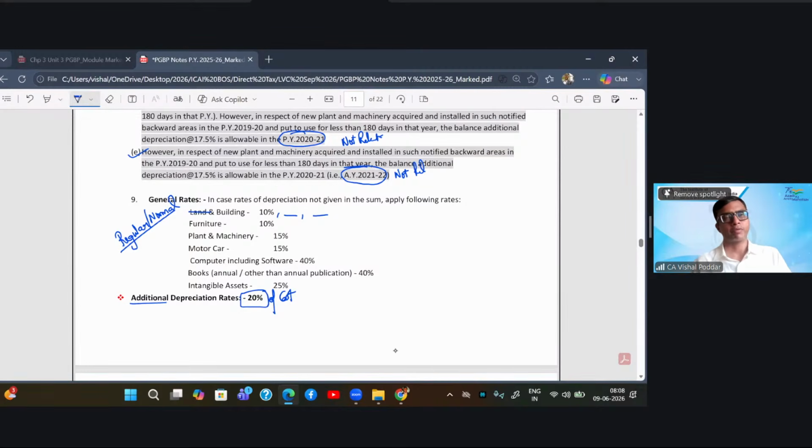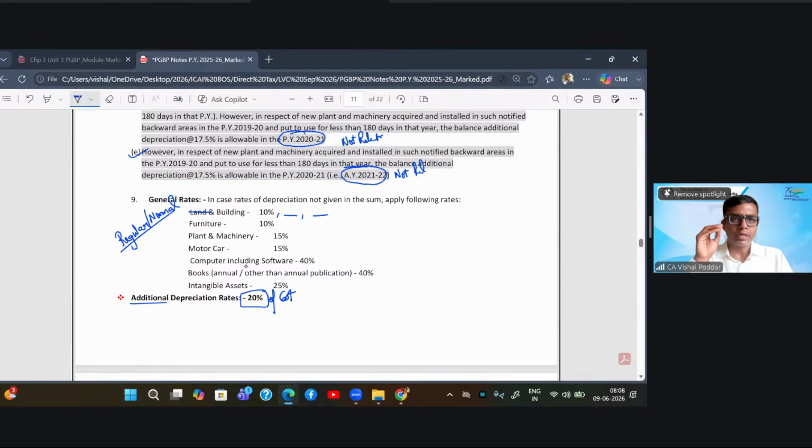When you read this from the module, you will find multiple rates in plant and machinery, multiple rates in building, but those rates, each and every rate, you need not learn. So in the exam, if they want 40% plant and machinery, they will tell you this plant and machinery is 40%, then you claim depreciation 40.